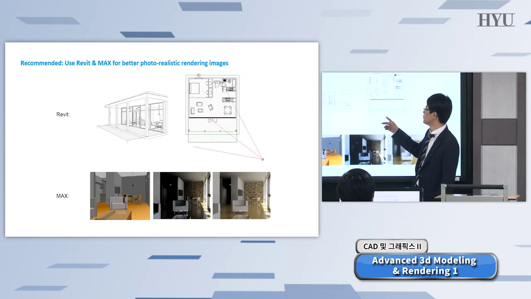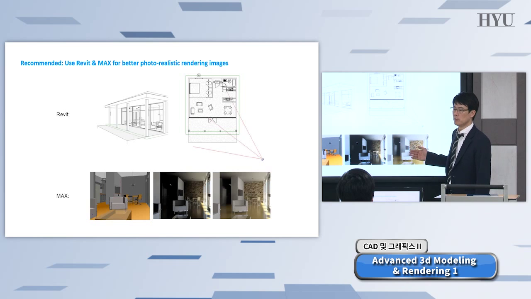In other words, if you model in Revit, that object is still available in the Autodesk material in 3D Max. So what you need to do is control some brighter lighting system or some other visual effects, and then you can get this kind of render scene, okay?